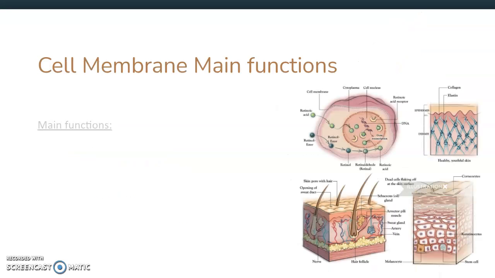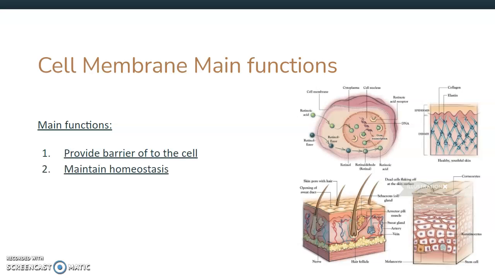So finally, our functions. We talked a little bit about why they're important, but the biggest functions of our cell membrane are to provide a barrier for the cell, which we've talked about, and then also to maintain homeostasis. When I think of homeostasis, it's how we prefer to live, the easiest way for us to live.